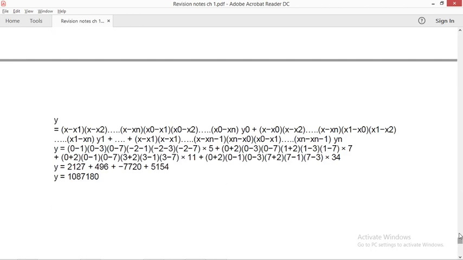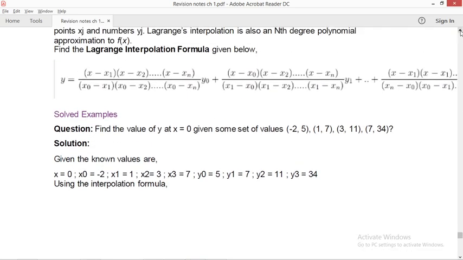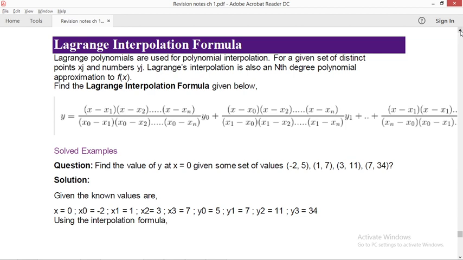Let's have a look at Lagrange's interpolation formula. Now again, this method can be used for unequally spaced data. Please have a look at the formula that we will be using.